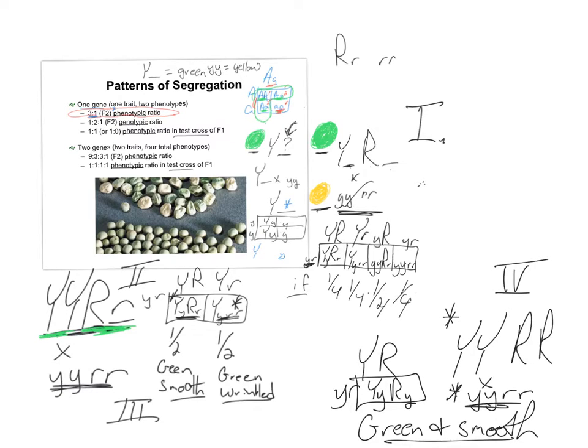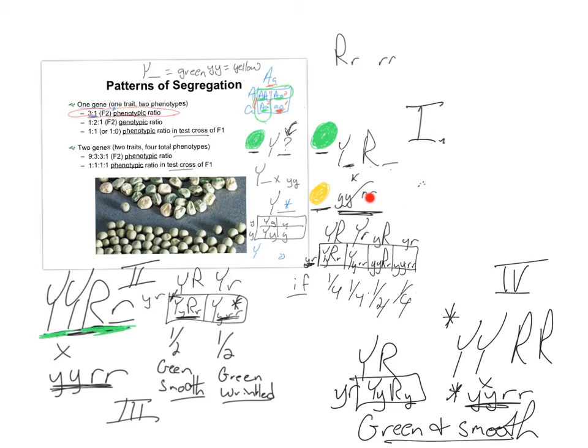So there are 4 possibilities: 1, 2, 3, and 4.